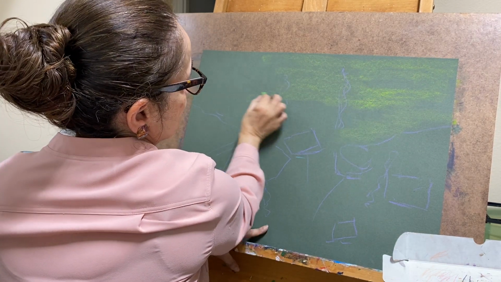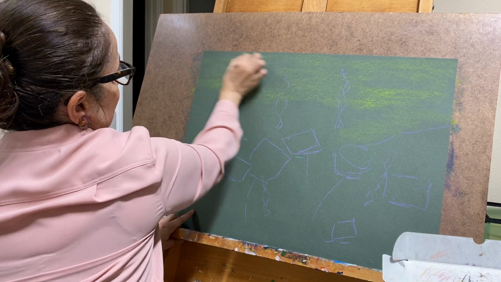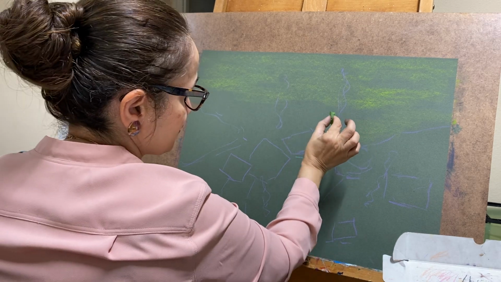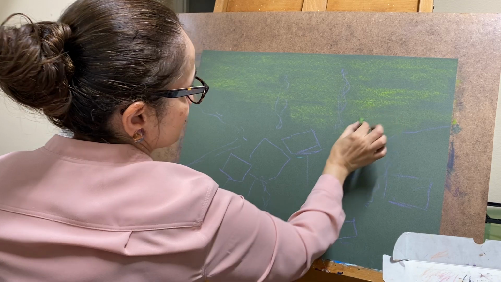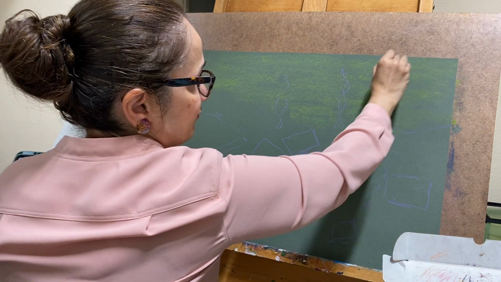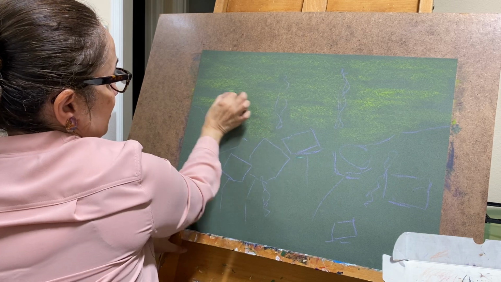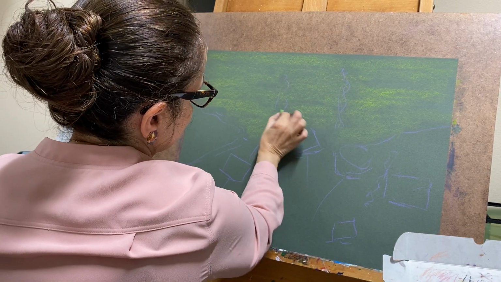I don't need to make an effort to make everything green. I'm just varying the pressure and the direction, so everything shows a variety of green here. Don't make everywhere with the same pressure.